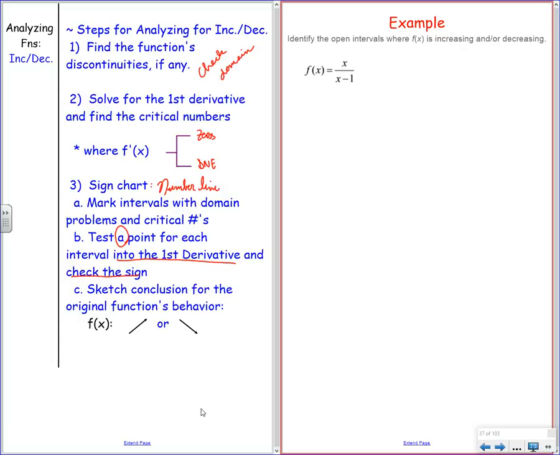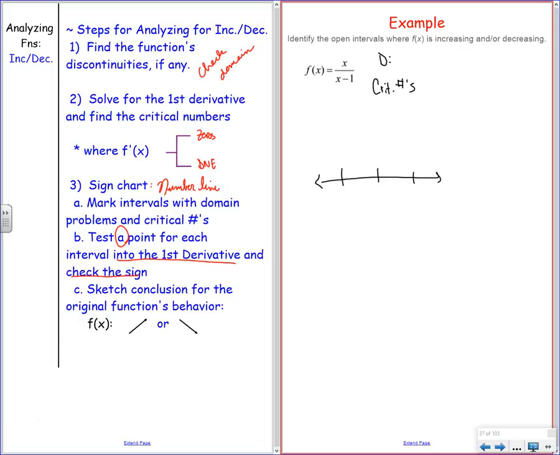Because, as I showed you yesterday, number one, check for discontinuities, check the domain. If we can consider the domain, and find the critical numbers, then we can make a sign chart, where we put in whatever those discontinuities or critical numbers are.